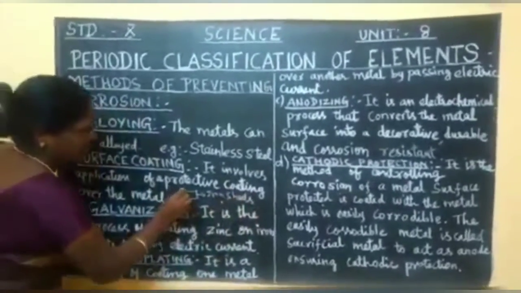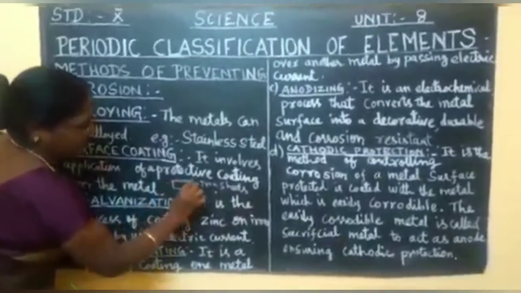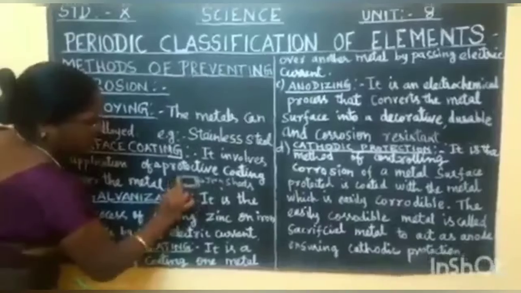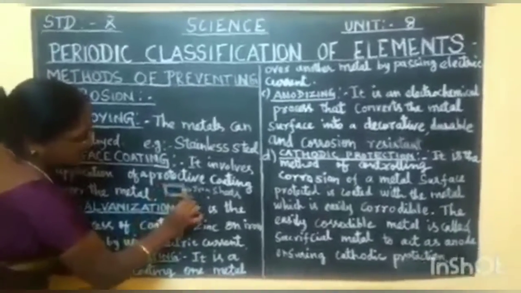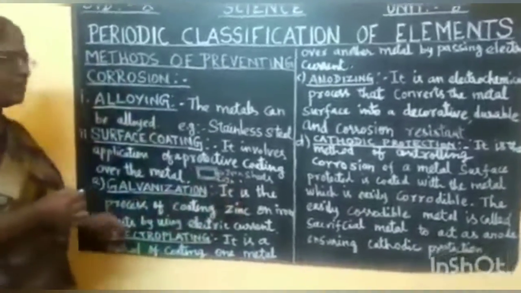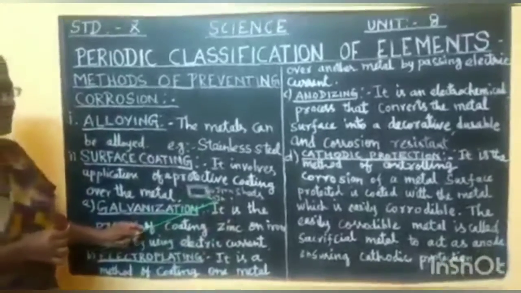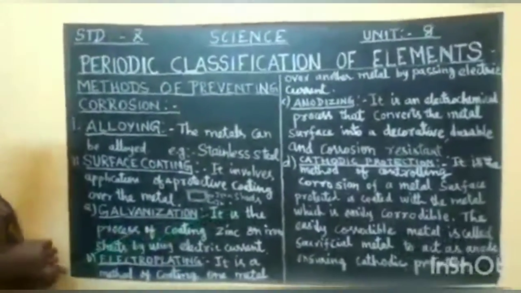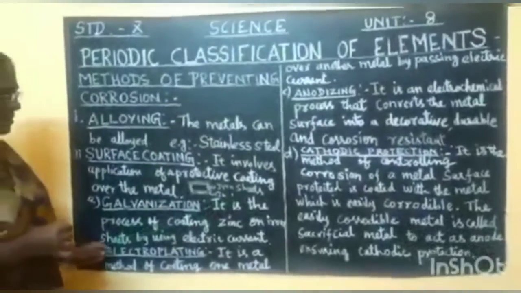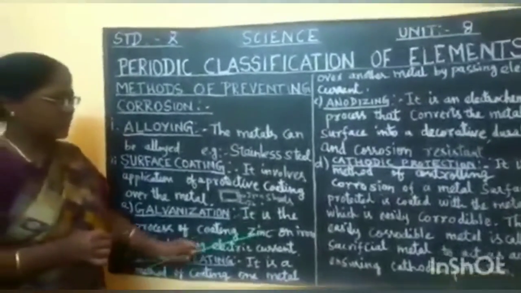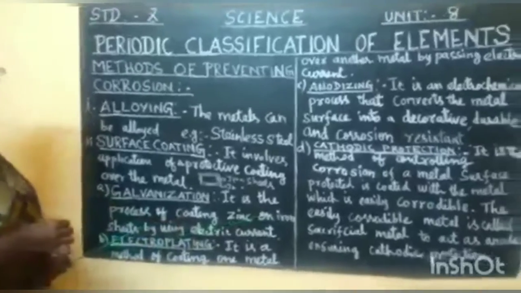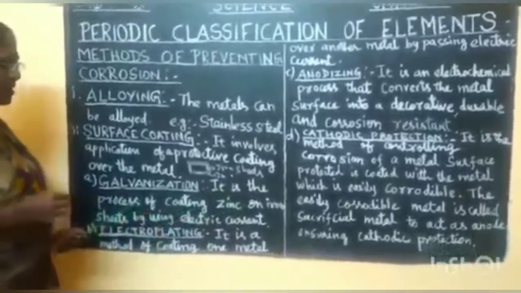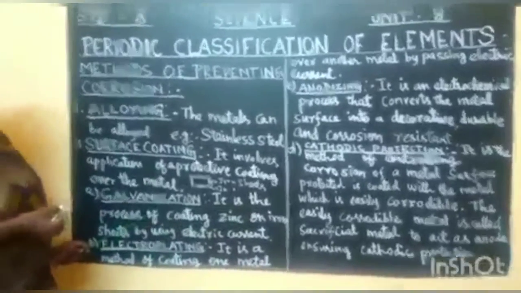Over this we are giving a coating with the help of zinc. Zinc symbol is Zn. So it is the process of coating zinc on iron sheet by using electric current. This is called as galvanization.